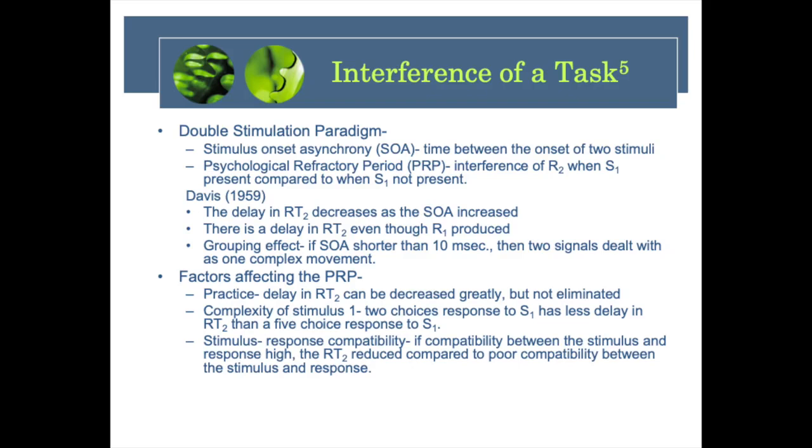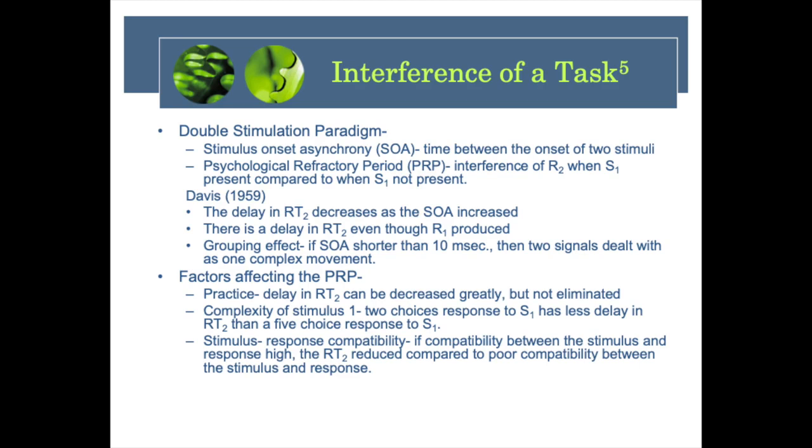So the farther along we get in the information processing before we get that second stimulus, the shorter the delay will be in the production of the second response. There is going to be a delay in that second response, even though the first response is produced. So we're still going to see a delay.